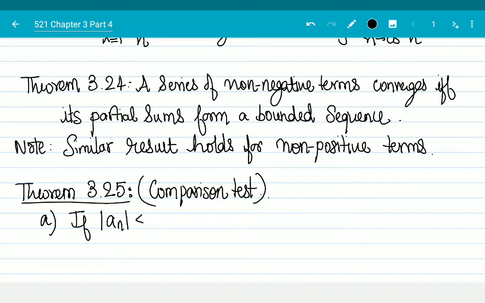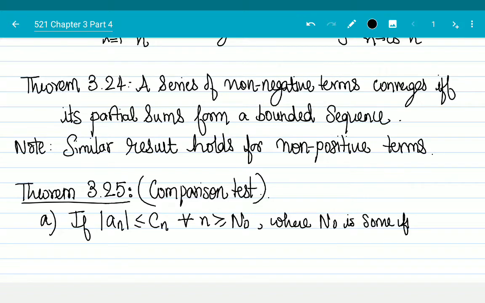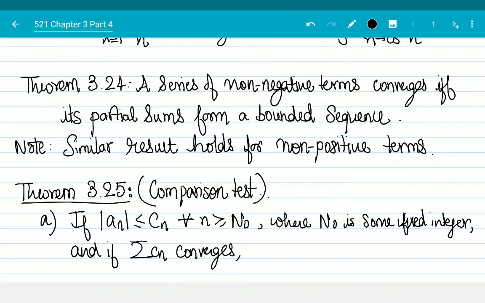If the absolute value of an is smaller than or equal to cn for every n greater than or equal to n naught, where n naught is some fixed integer, and if summation cn converges, then so does summation an.